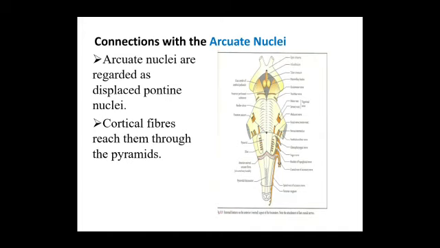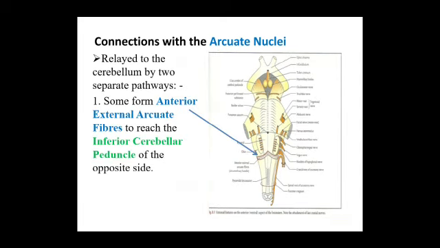The arcuate nuclei are regarded as displaced pontine nuclei. The cortical fibers reach them through the pyramids. They are relayed to the cerebellum by two separate pathways.